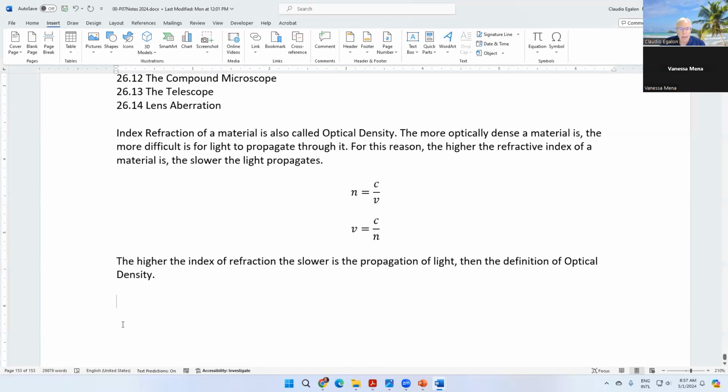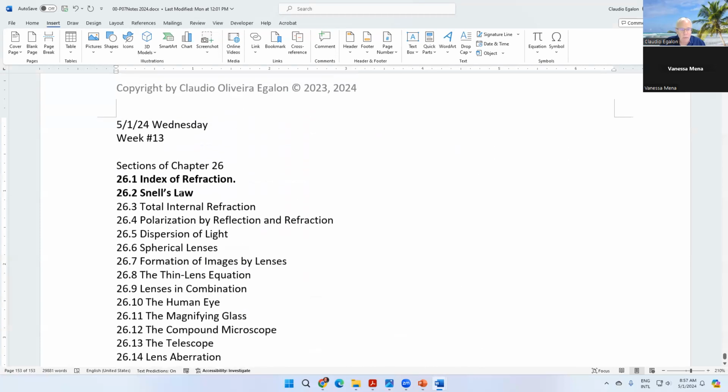And Snell's law. It's not exactly a law, so I'm going to put it between quotes as well.